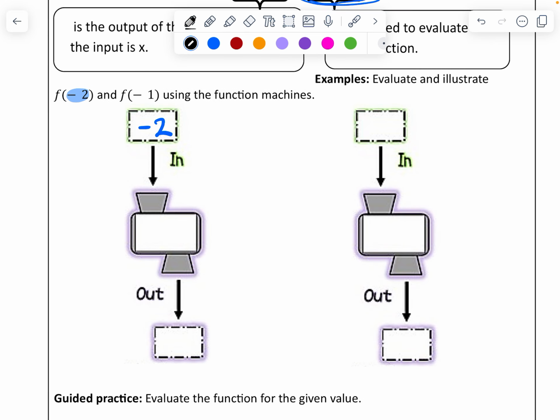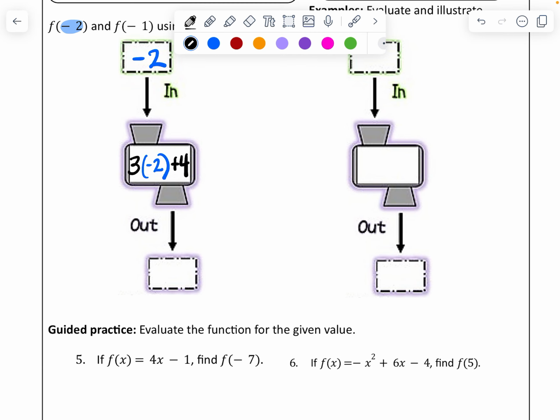So if -2 is x, I need to calculate 3 times -2 plus 4. And you can put that into your calculator and you would receive an output of -2. So what this means is that f of -2 equals -2.